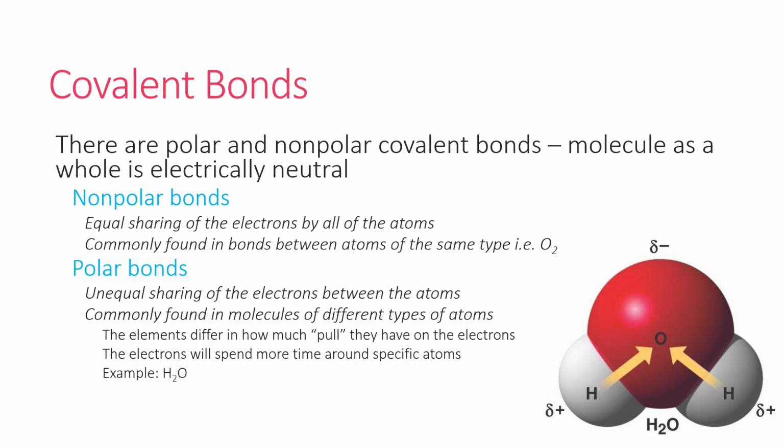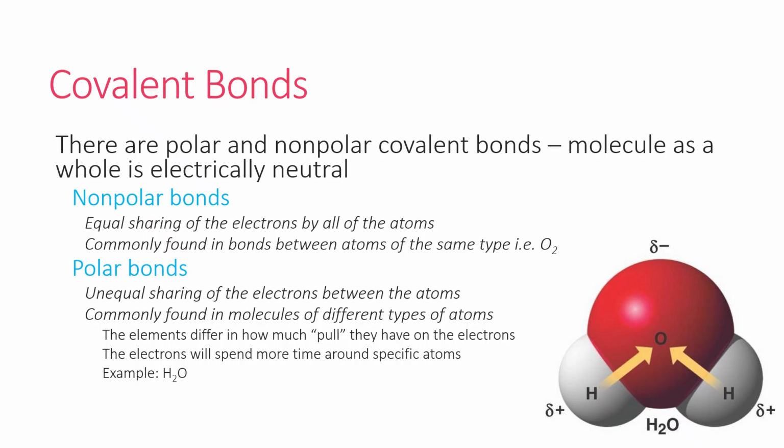Probably at the swimming pool house. Chances are they could be at the other two houses, but most likely you're going to find them at that one house. So oxygen, because it's so massive, is going to attract those electrons more than these two atoms of hydrogen. So at any given time, those two shared electrons from the hydrogen atoms are more likely to be found around the oxygen nucleus.